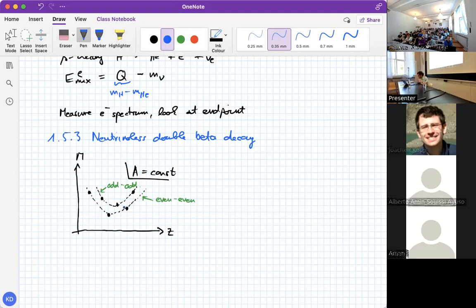Now look, for instance, at this nucleus here. It would like to undergo a beta decay this way here, but it can't, because the nucleus that lies just below it is heavier than itself. But what it can do is it can directly go two steps. So two nucleons can convert simultaneously. So here, single beta decay is forbidden.